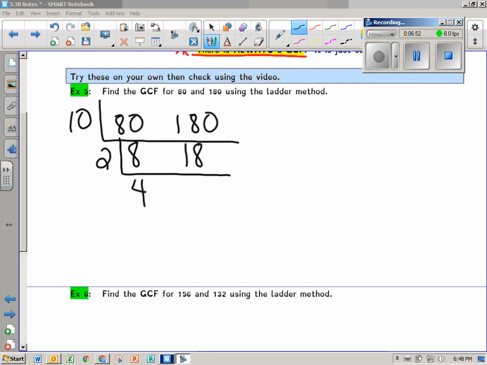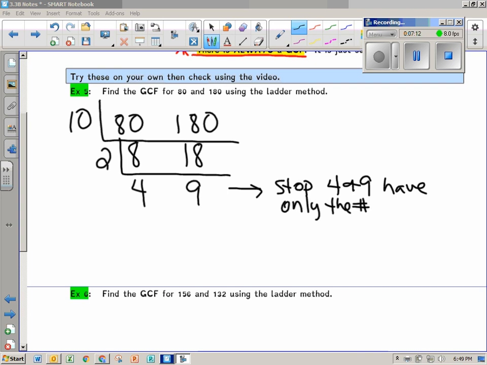Goes into 8 4, goes into 18 9 times. I stop here, because 4 and 9 only have 1 in common. 4 and 9 have only the number 1 as a common factor.